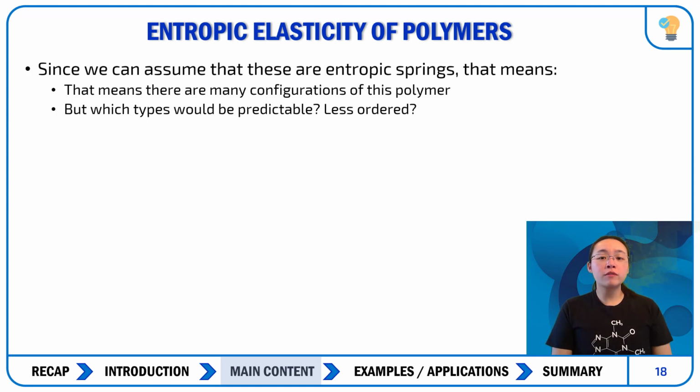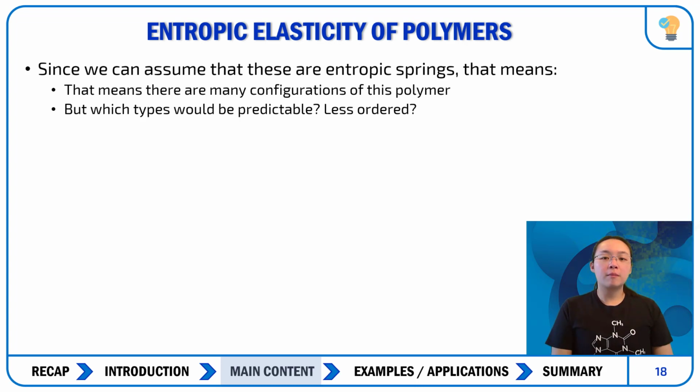So with our overview into entropy covered, let's take a look at modeling the elasticity of polymers. Since we can assume that these are entropic springs, so basically if you have a polymer, it wiggles around, and we can assume it kind of looks like a spring, just like my example before in the previous lecture of comparing everything to springs, just so we can get different graphs to compare it to.